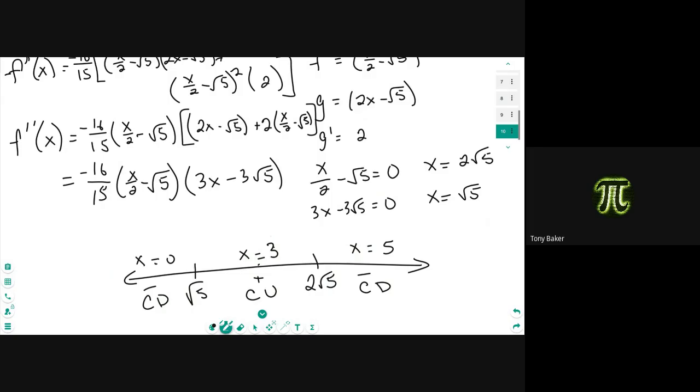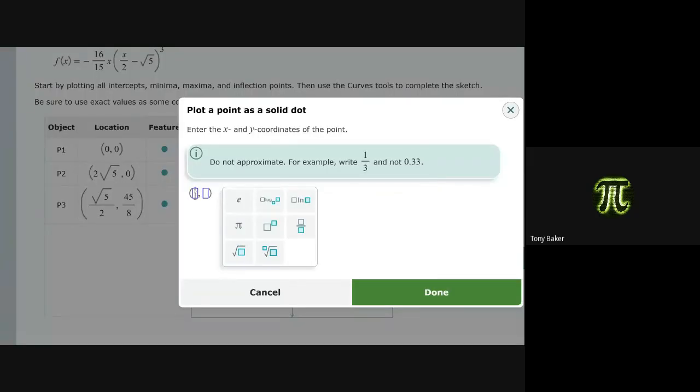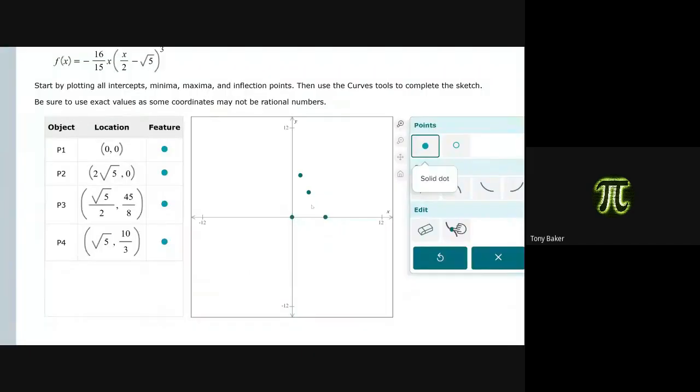So what was it? Square root of 5? Oh, good. That one comes out to be nice too. That's 10/3. All right.